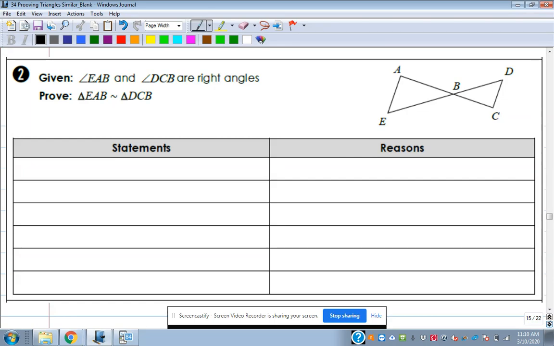Let's try this one. Angle EAB and angle DCB are right angles. Given. Everybody gets that one for free, right?